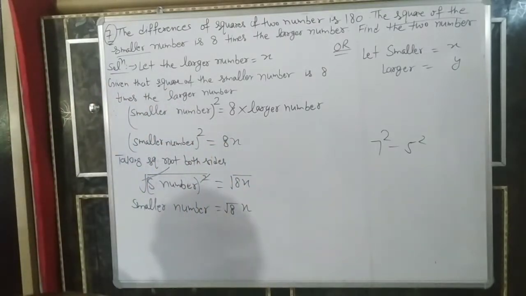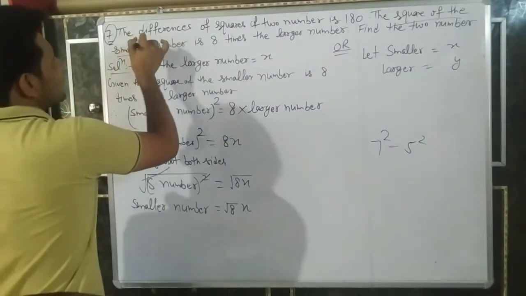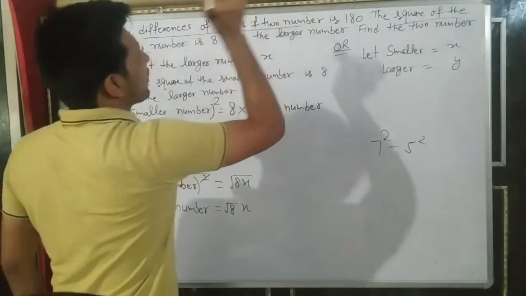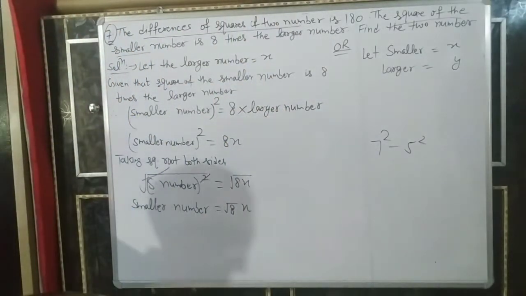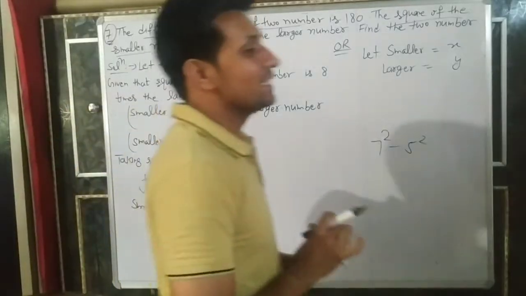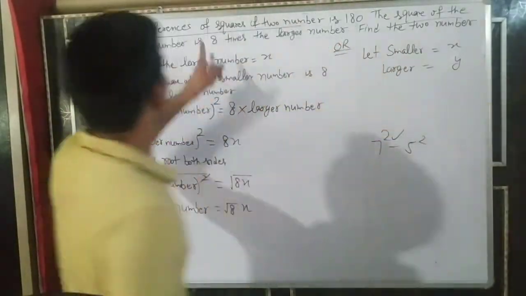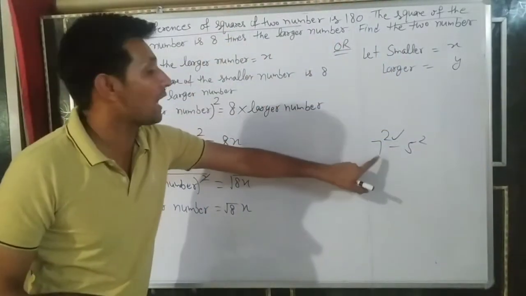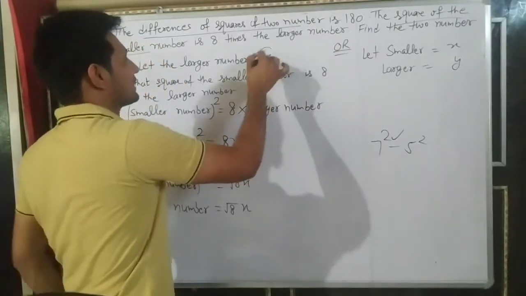Understand here? Now we write what is given: the difference of the squares of two numbers. Difference means minus, and of squares. So always first we write the larger number. What is larger? x.